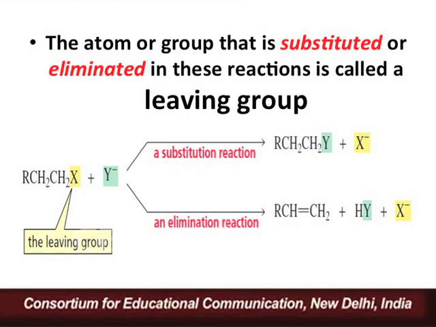Whereas, if this nucleophile helps to bring about elimination, that is removal of halogen from alpha carbon and proton from beta carbon, then it results in the formation of an alkene. In this process, a new pi bond is formed between the two carbon atoms.